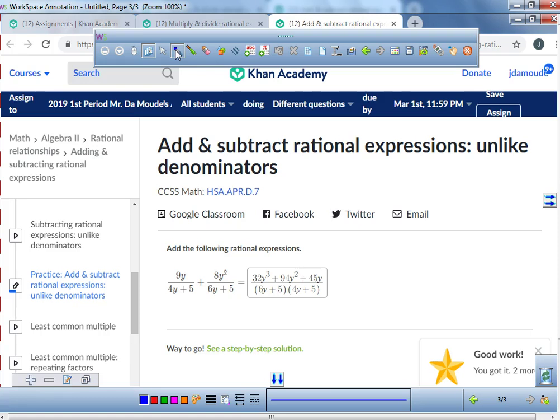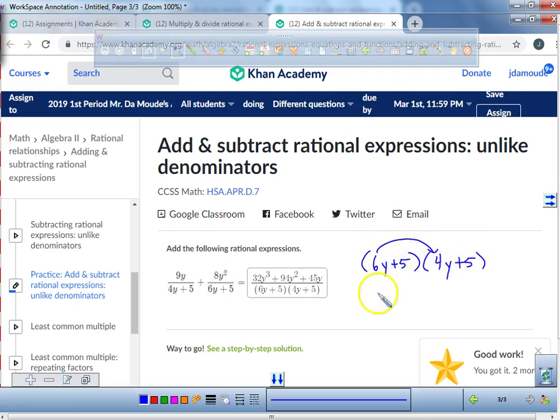Expand the denominator. Now, if you wanted to expand the denominator, what method would you have to know how to do? The FOIL method. So if you wanted to expand the denominator, this is what it would be. It would be 24y squared plus 30y plus 20y plus 25.